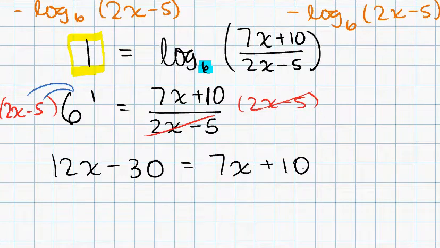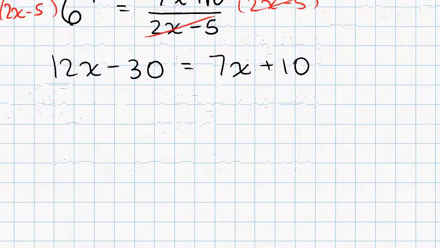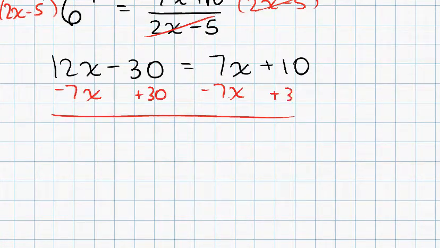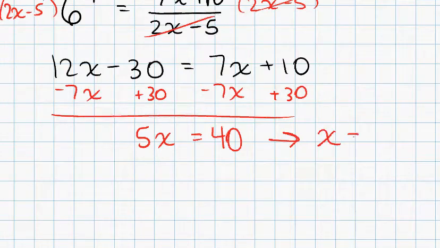And you know how to solve that. Did you subtract 7 and add 30? Divide by 5? x should be 8.